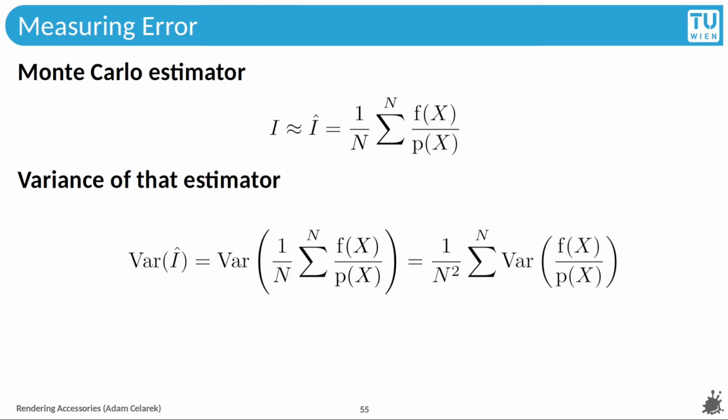Okay, the variance of the estimator is important. What can we find out about it? On top, again, the estimator, denoted with a hat. And as said, the estimator is a stochastic process. Therefore, the result is a stochastic variable again. We can compute the variance of that estimator. The result will tell us how far spread out the estimates will be.